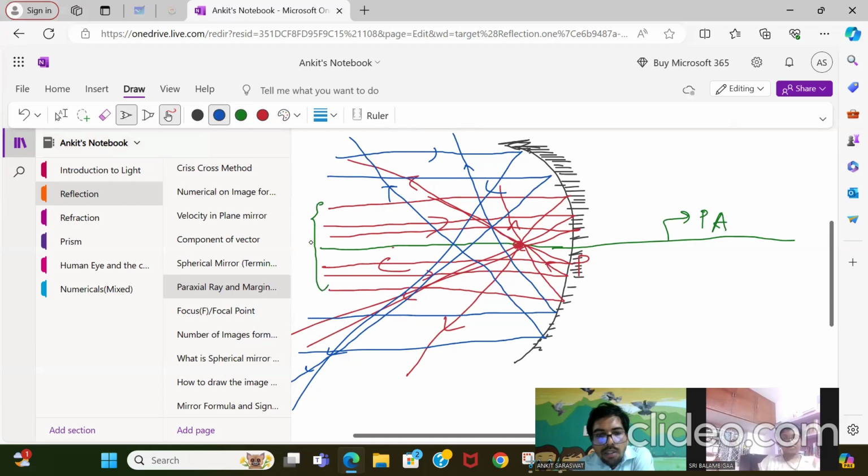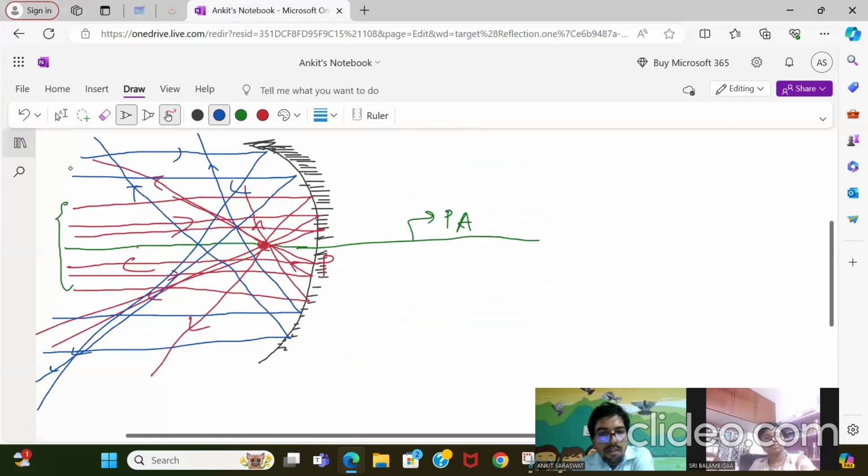These rays are known as paraxial rays, PR. Paraxial rays are the rays which are very close to the principal axis. These rays I have drawn very far, but these are very close.